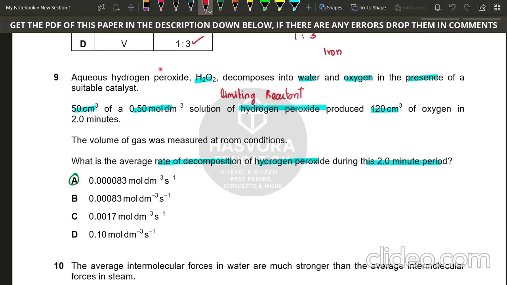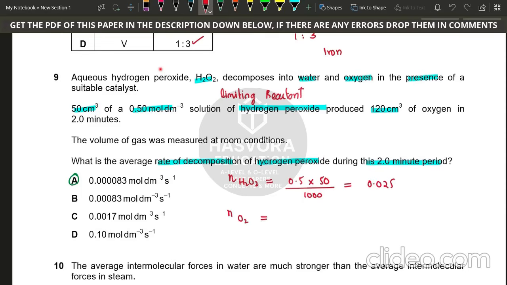So first of all, let's check the moles. The moles of H2O2: 0.5 is the concentration times 50, and now it is in cm³, so let's divide by 1000. So 0.5 times 50 divided by 1000 gives 0.025 moles. Now let's check the moles for the oxygen.